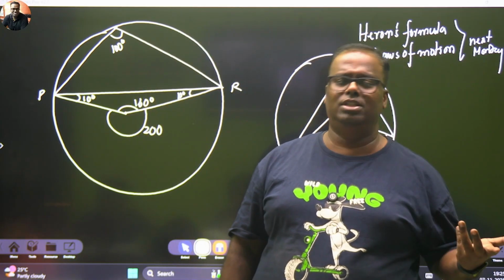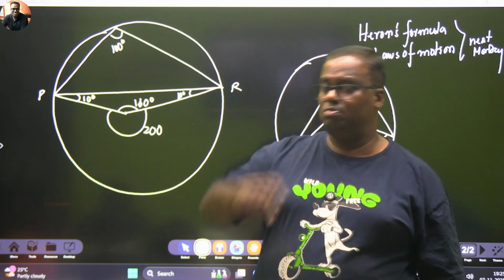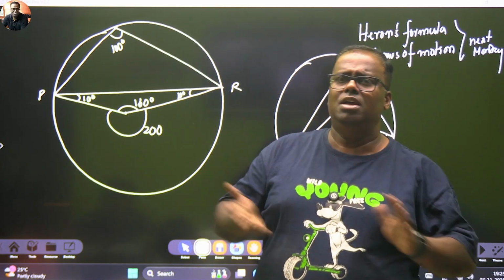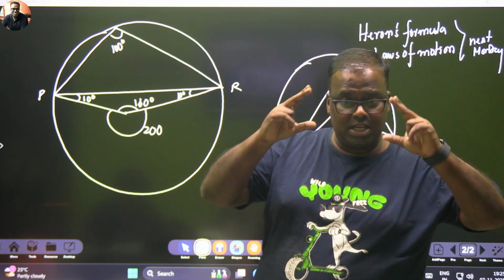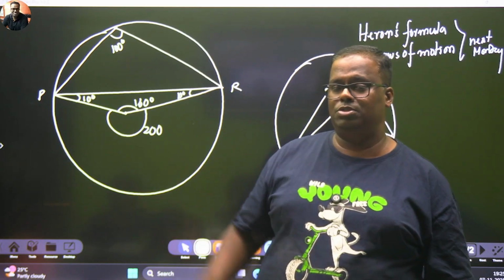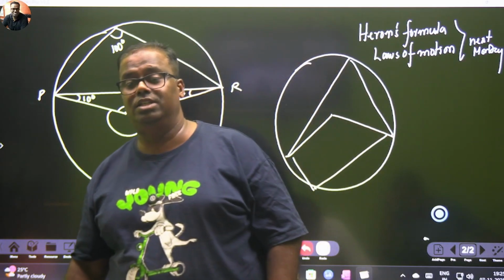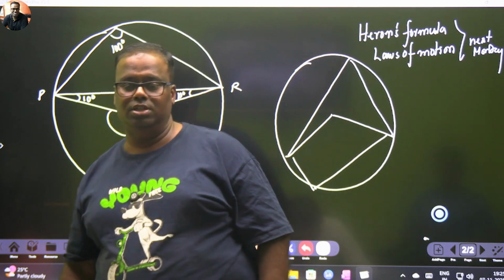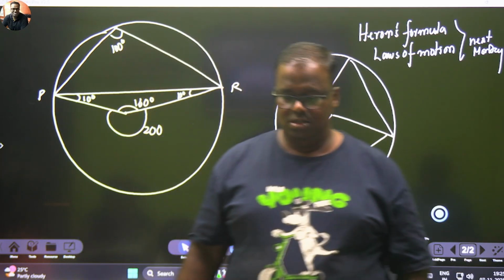What else did you learn in this chapter? Nothing more than that. So it must be hovering around these, and some pretty basic ones like base angles of isosceles are equal, external angle equal to sum of two opposite interior angles, whatever was your armory till date, and the new weapons that we loaded. Let's try.